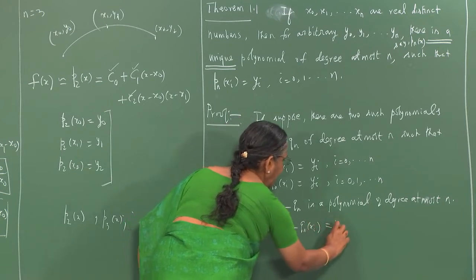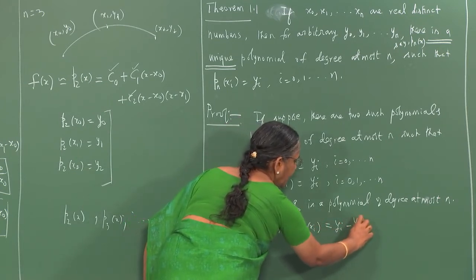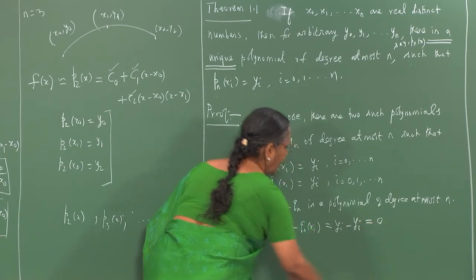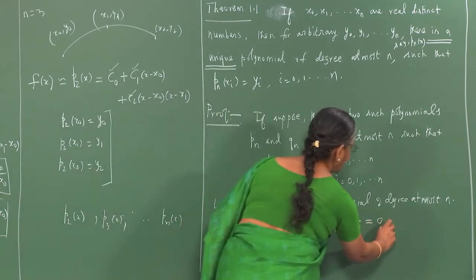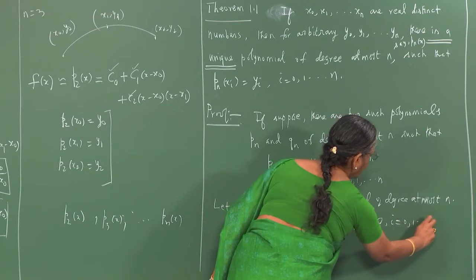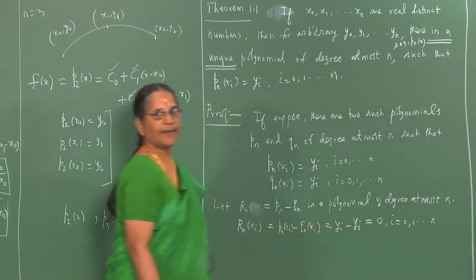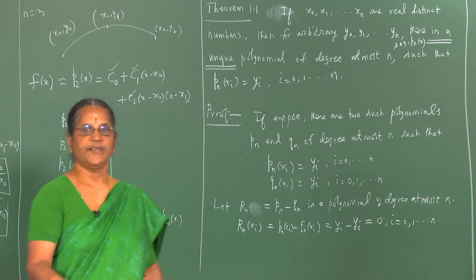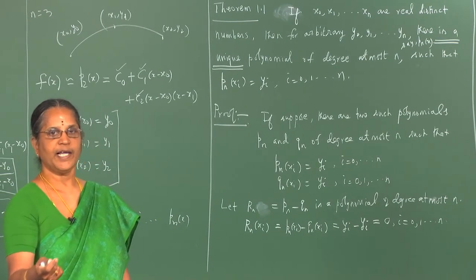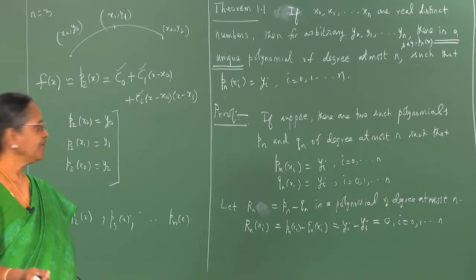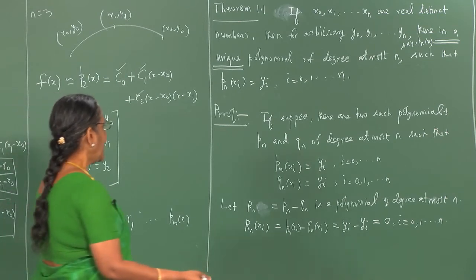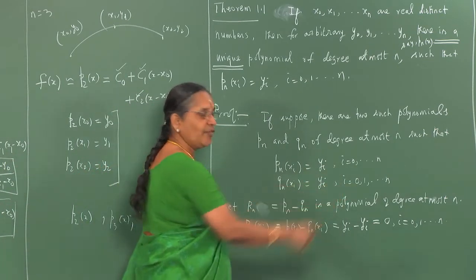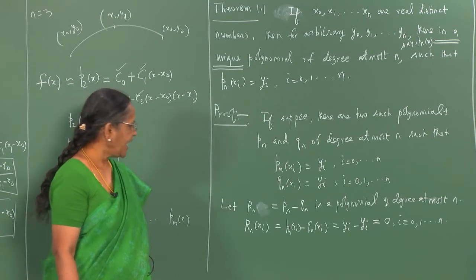But I know Pn of xi is yi and Qn of xi is also yi. So, Rn of xi is 0 for i equal to 0, 1, 2, 3 up to n. So, we know that Rn is a polynomial of degree at most n and Rn at xi is 0 for i equal to 0 to n.